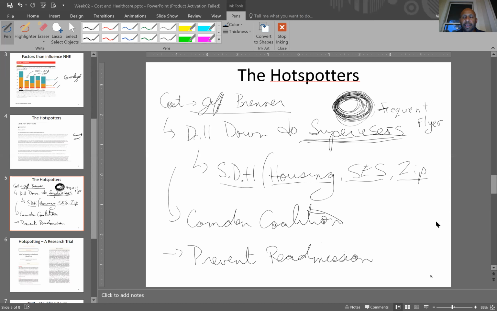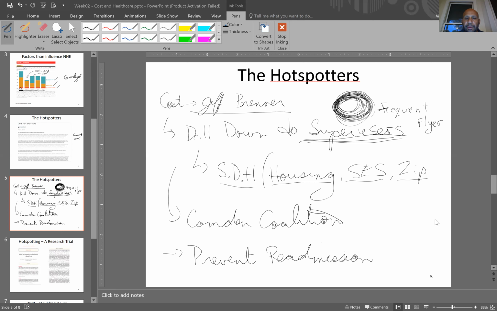So looking at the social determinants of health, in addition to housing, socioeconomic status, zip code, education, crime within the zip code, they're all factors. Now, of course, there are clinical factors as well for individuals who have diabetes and congestive heart failure and COPD.